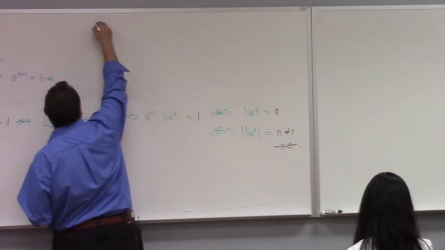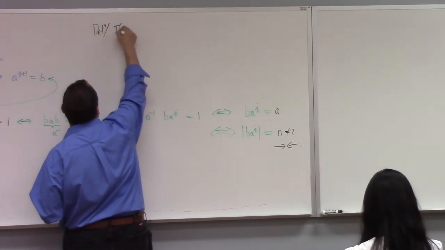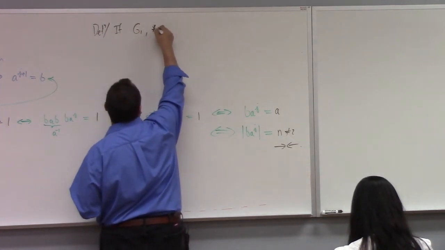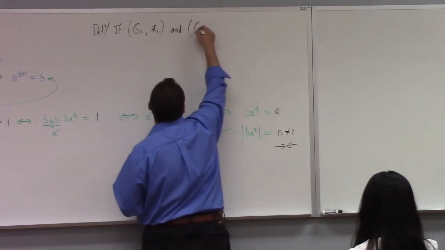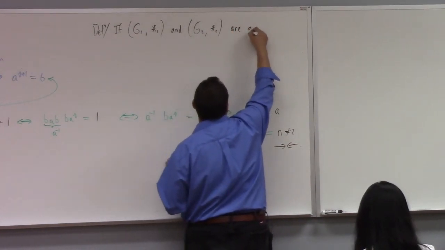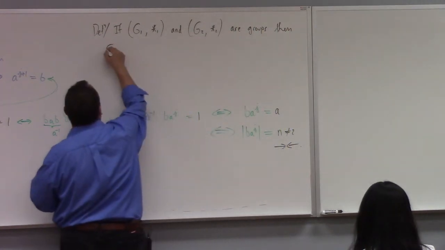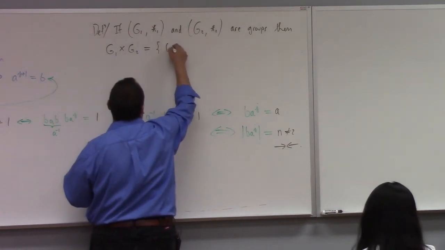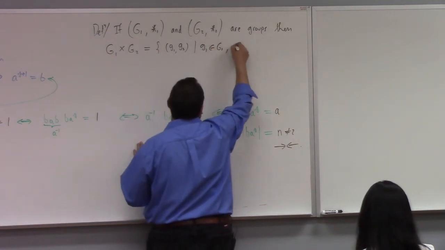So, definition. If G1 with star 1 and G2 with star 2 are groups, then G1 cross G2, which of course you should know, is the set of pairs (g1, g2) such that g1 is in G1 and g2 is in G2.